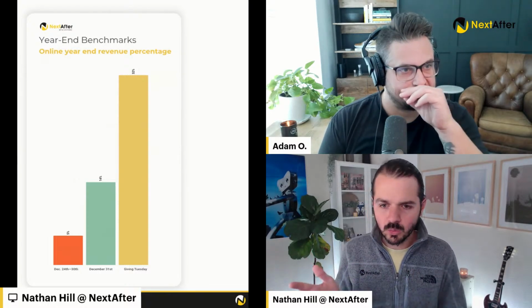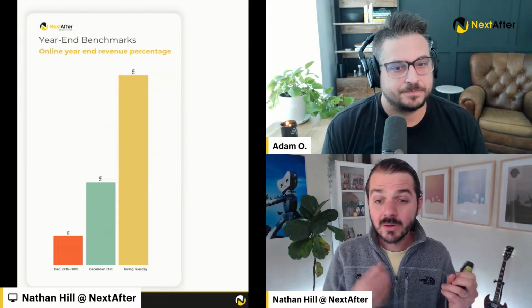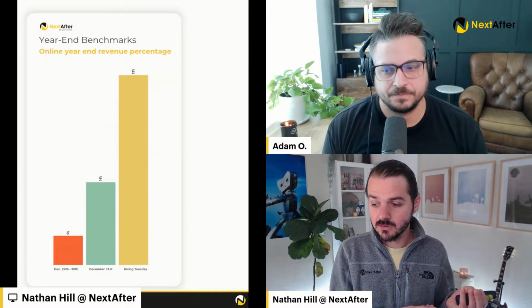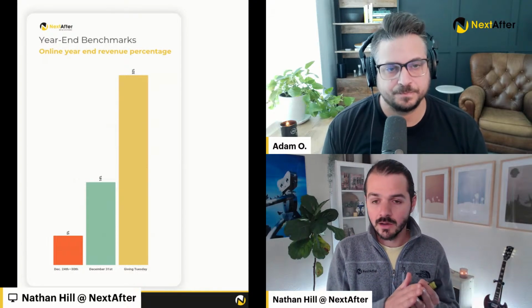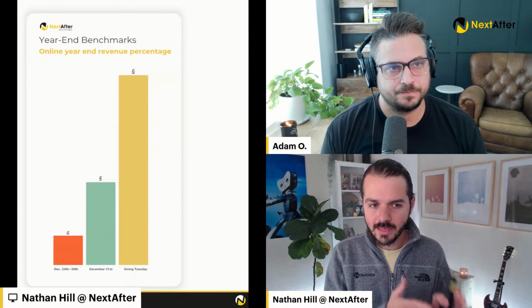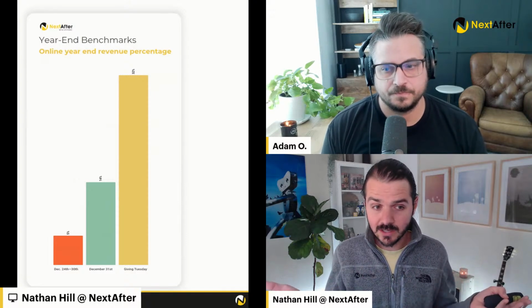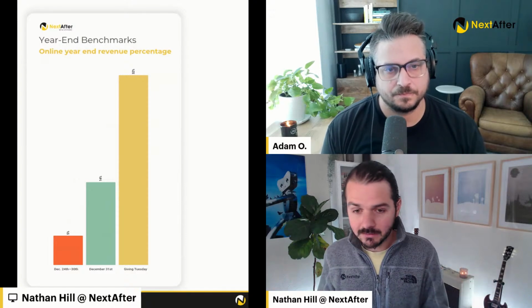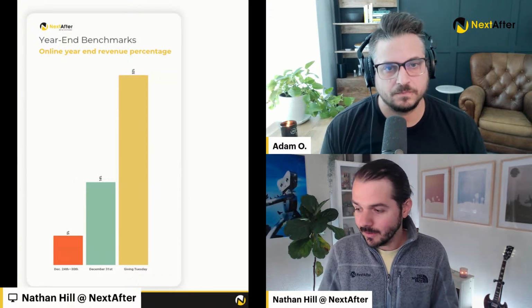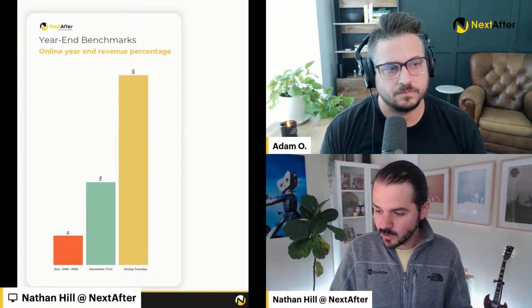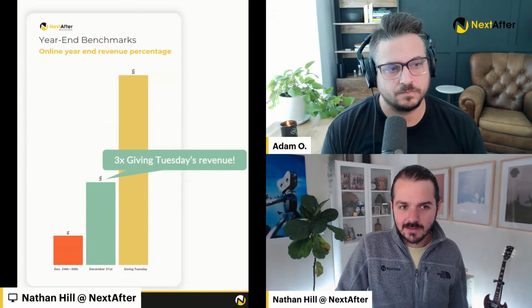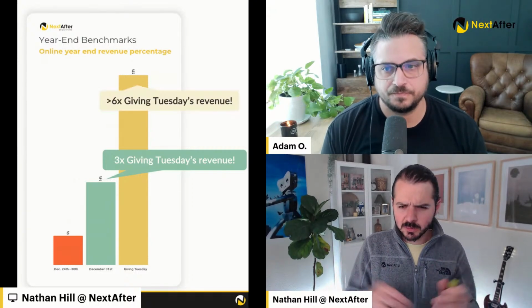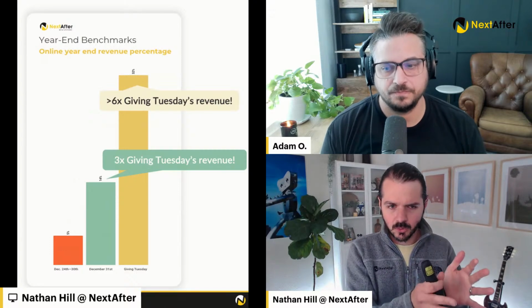So when we look at when revenue comes in during the season, there is a lot of revenue coming in on Giving Tuesday. We see 5% of year-end revenue coming in on that one day alone. It's pretty significant. But then if you look at December 31st, it's nearly 3 times as much revenue at stake on the last day of the year. If you weave in the last week of the year, December 31st is 14%.